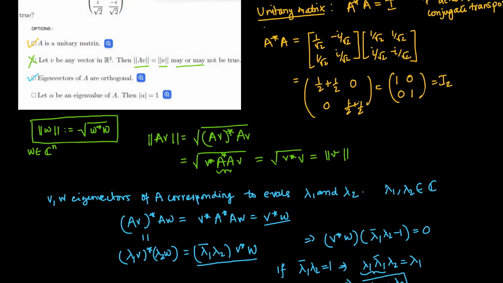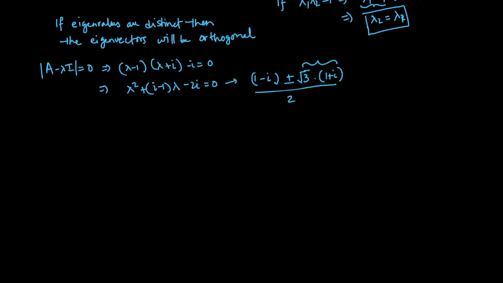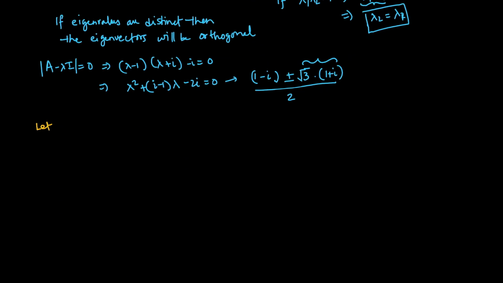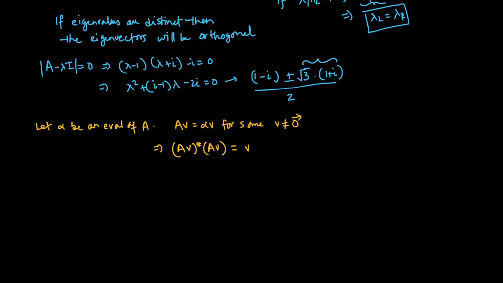Now the fourth option asks if every eigenvalue is of length 1. So let alpha be an eigenvalue of A. That means AV is nothing but alpha V for some non-zero vector V. In that case, AV star AV will be equal to V star A star AV.